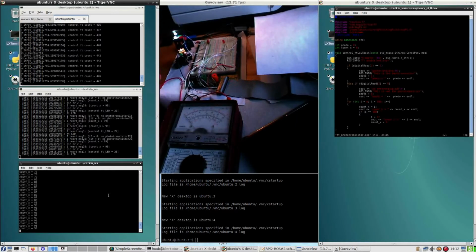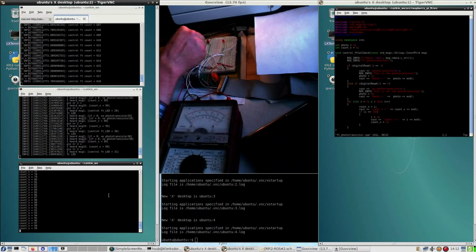Then light for the phototransistor and the voltage probe, so I can measure some voltage. And right now I'm not measuring anything. Yeah, now I should, whenever that very little green LED is showing something.